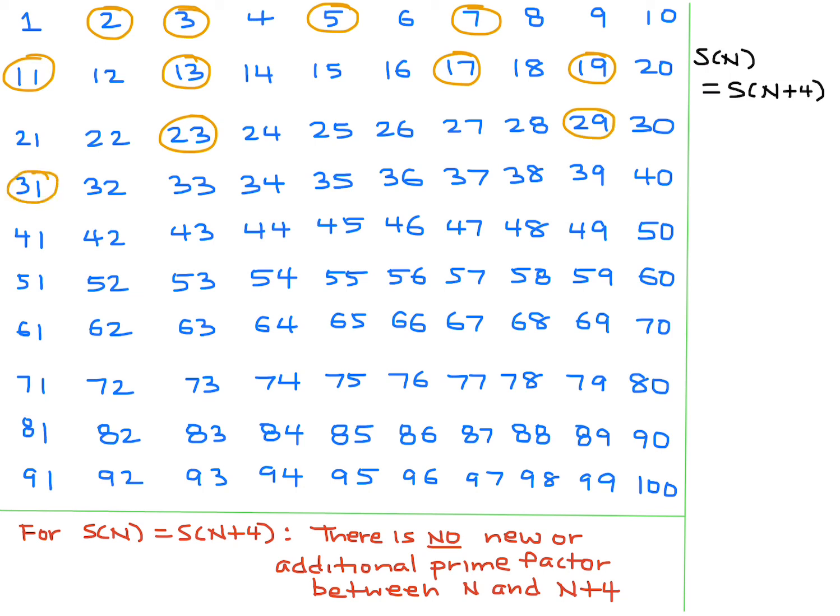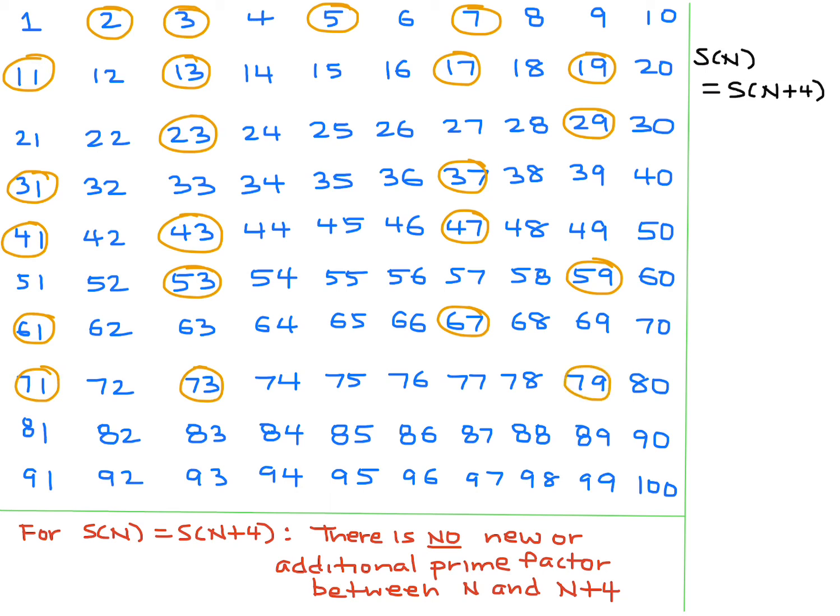So let's see if I can circle them accurately. 41, 43, 47, 53, 59, 61, 67, 71, 73, 79, 83, 89, and I think there's one more, 97.